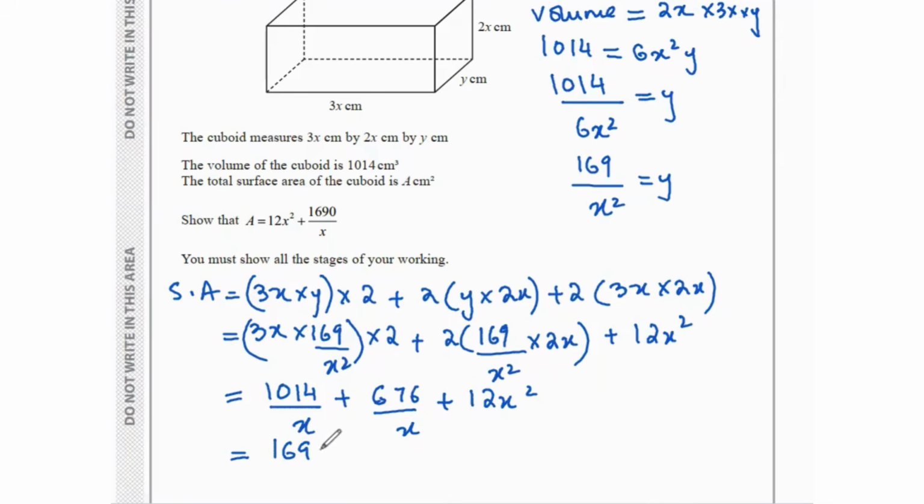So 1690 over x plus 12x squared is your equation for the surface area, which is exactly what the question was asking us to show.